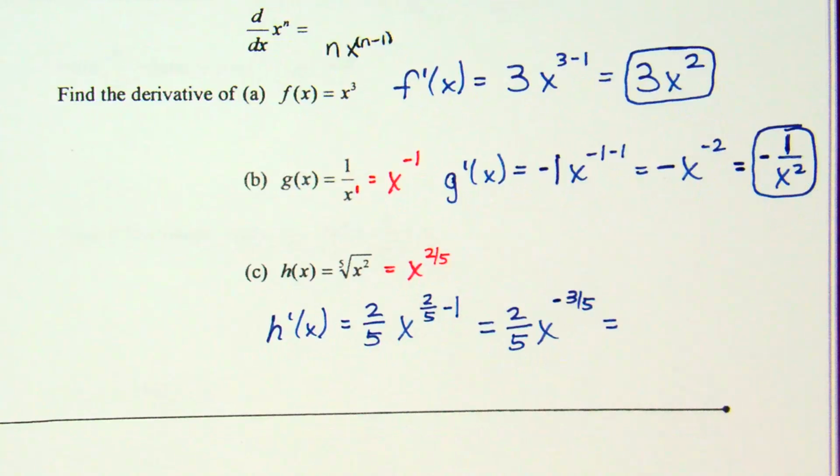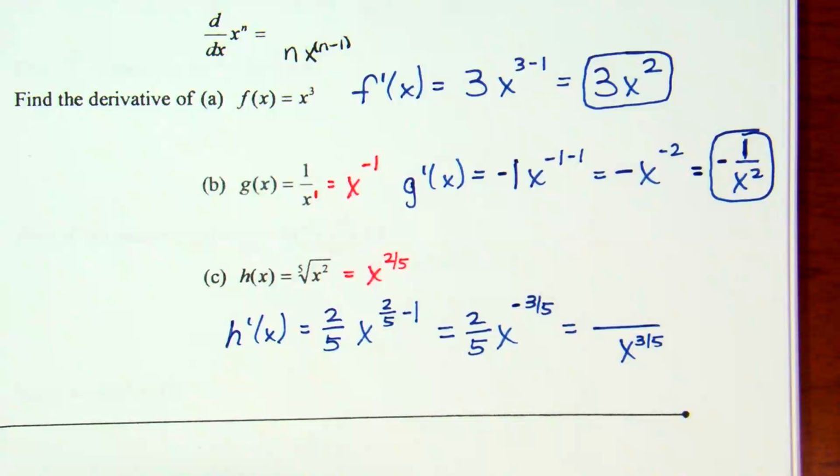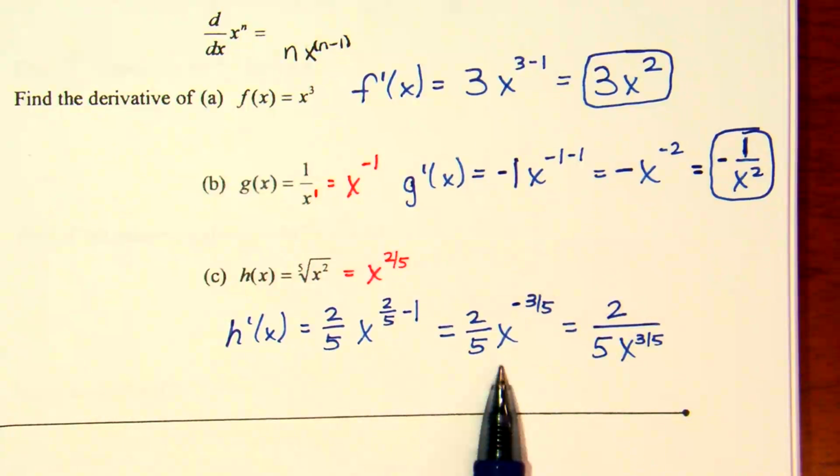Okay, so I'll do that in a moment. But it's x to the 3/5 goes to the denominator right now, yes? What about the fraction 2/5? It's 2/5, so that's the fraction. X to the 3/5 goes with it. One way, you might be able to leave it like this.